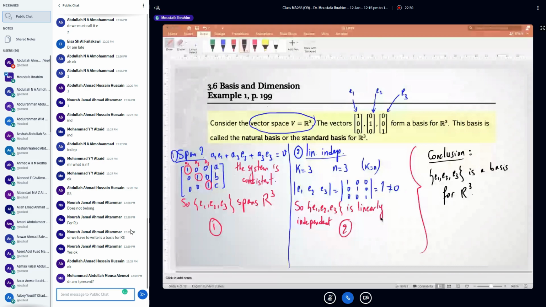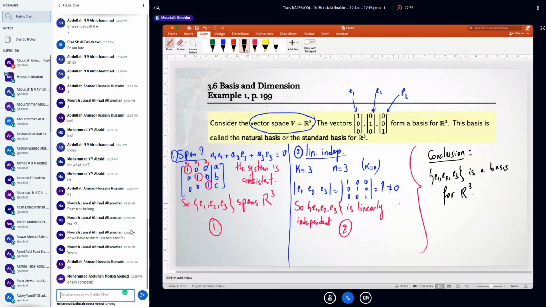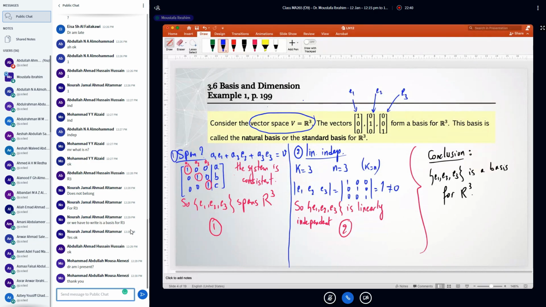Yes, come on. So now we have a basis. Now tell me, what's the dimension? What does dimension mean? Simply, dimension means the number of vectors in the basis.